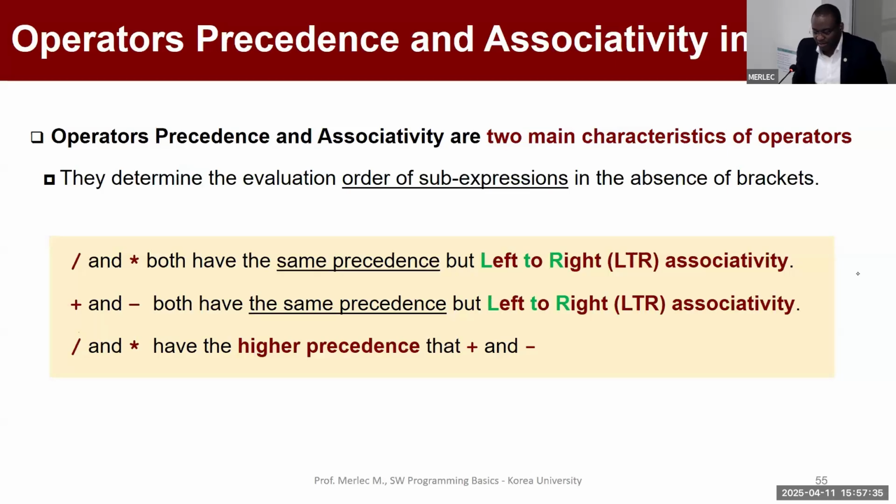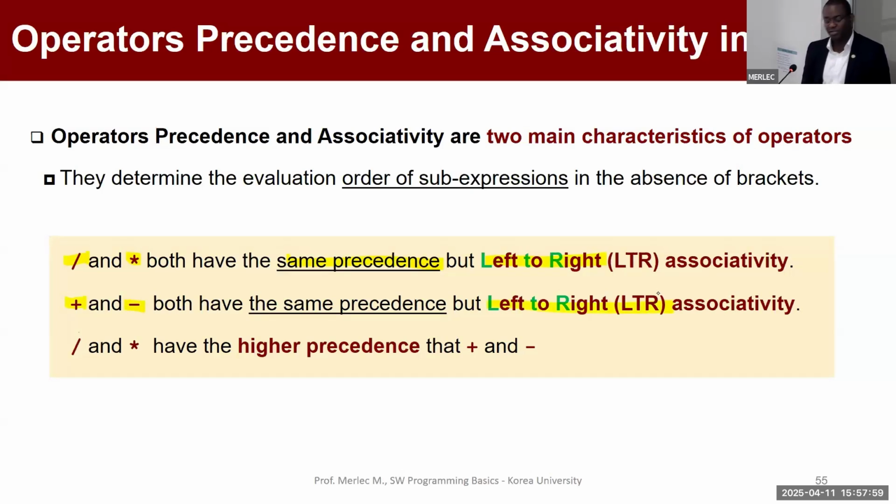So in terms of precedence and associativity, you can see here division and multiplication, both have the same precedence, but in terms of associativity, you have to go from the left to the right. Plus and minus, same precedence. Associativity, you have to go also from the left to the right.